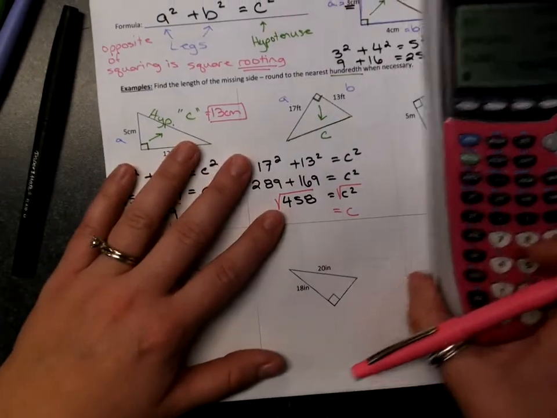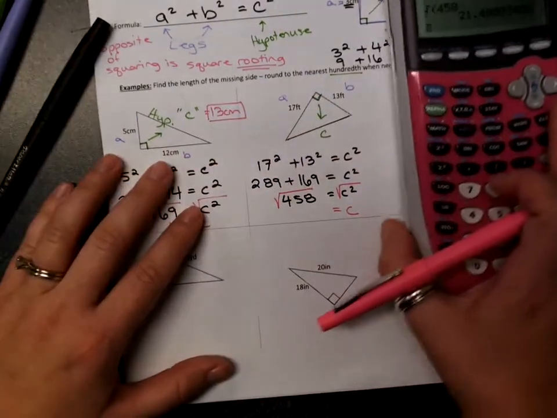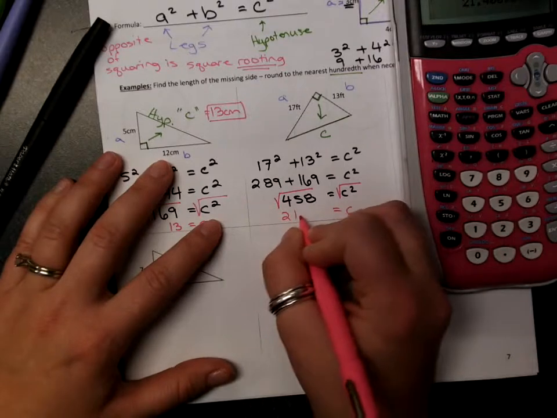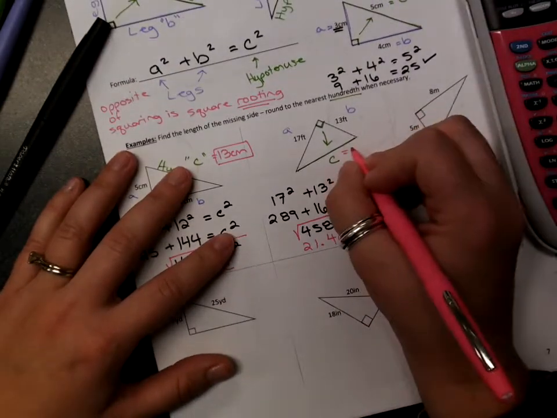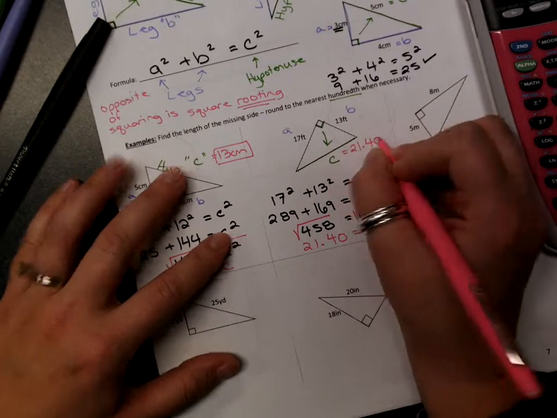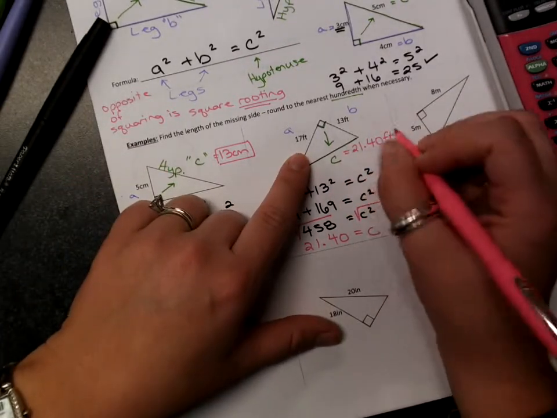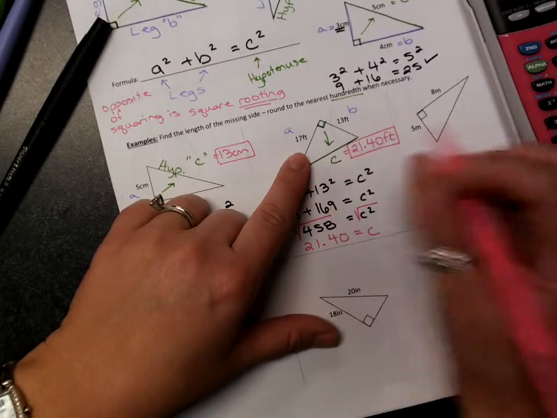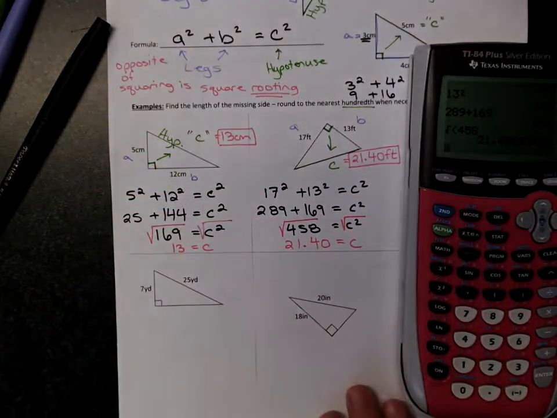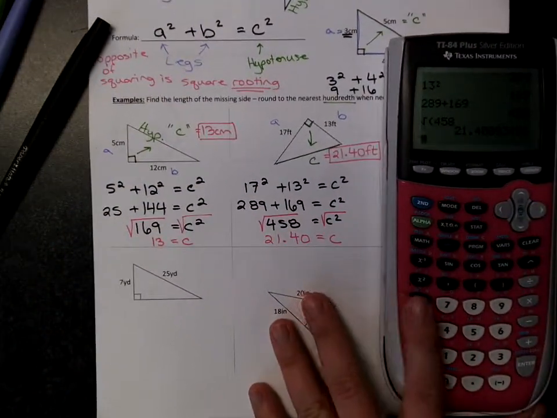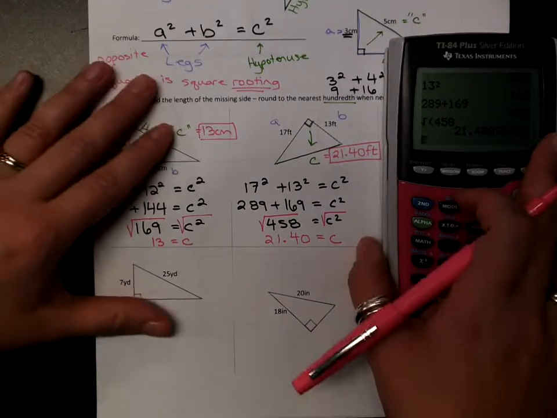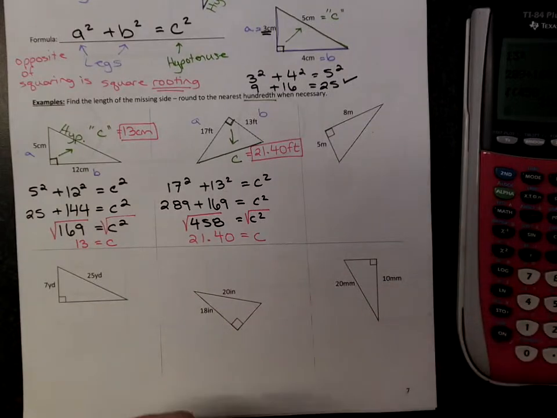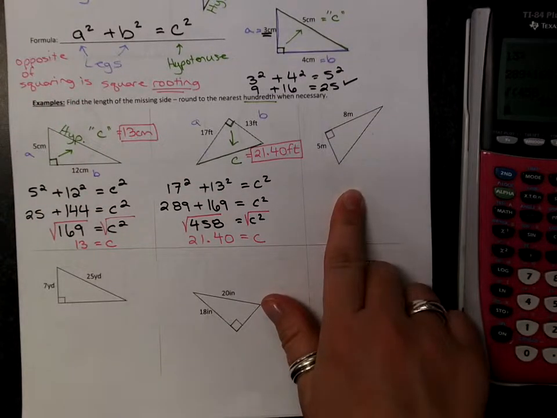It told us to round to the nearest hundredth. So this would be 21.40. So this side is 21.40 feet. So sometimes you will get a decimal and you'll just have to round appropriately, which is why we have to use our calculators, because some of these square roots we wouldn't know. If you want to pause the video and try the next one, it works very similar.